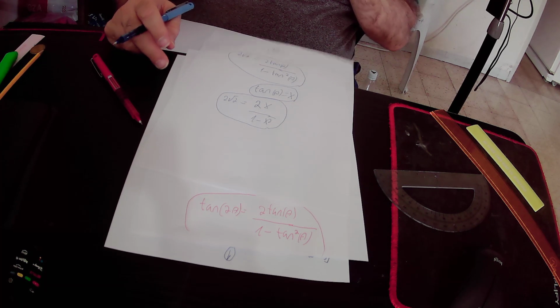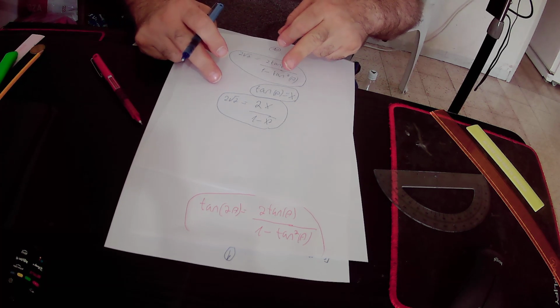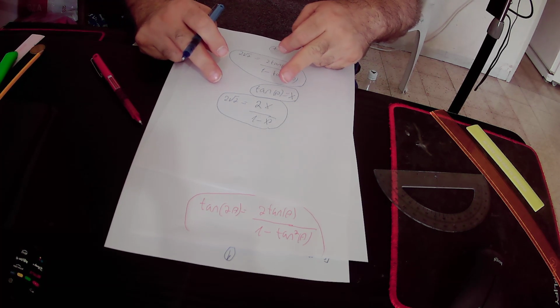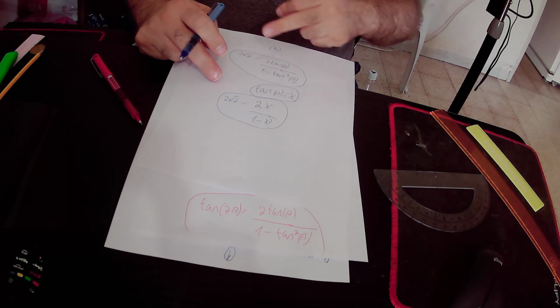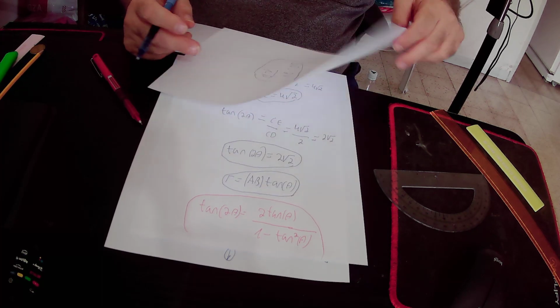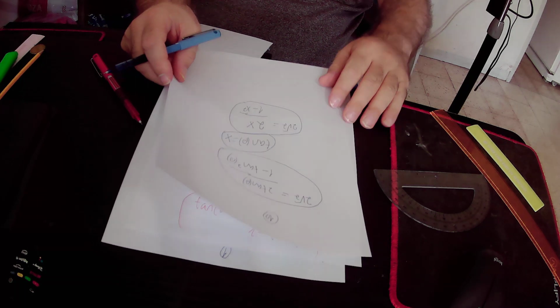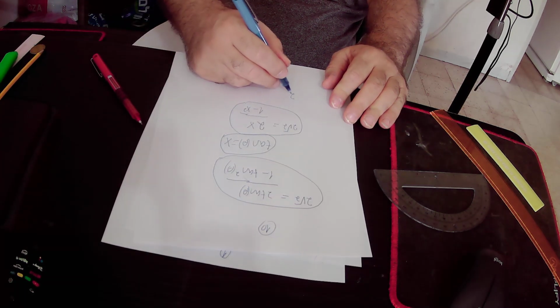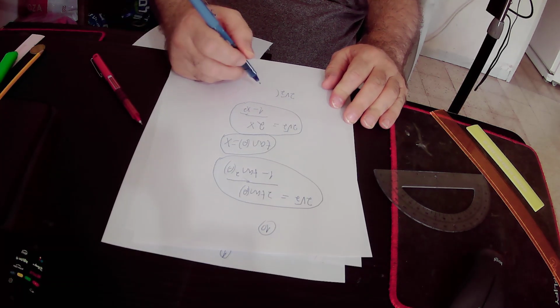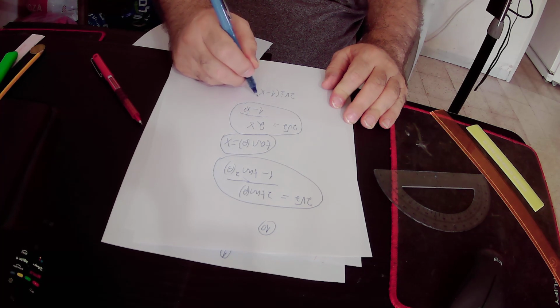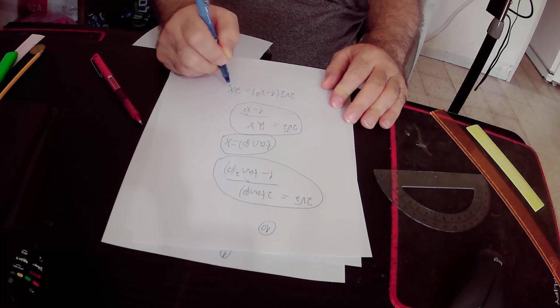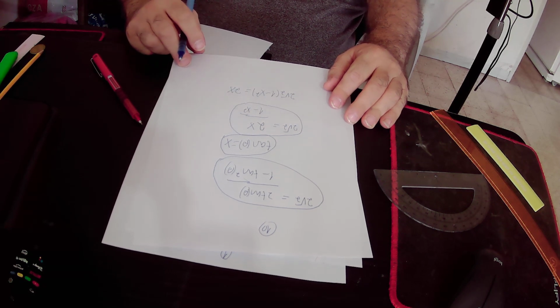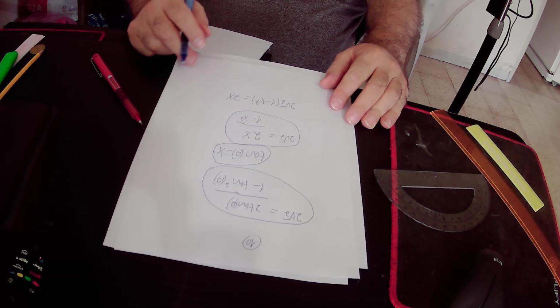So if we cross multiply this expression by 1 minus x squared, we will get that 2 times root 2 times 1 minus x squared equals 2x. Okay, then we will open the brackets.